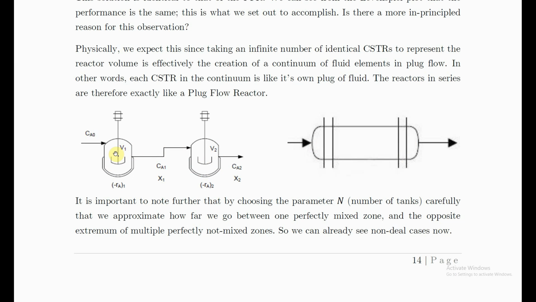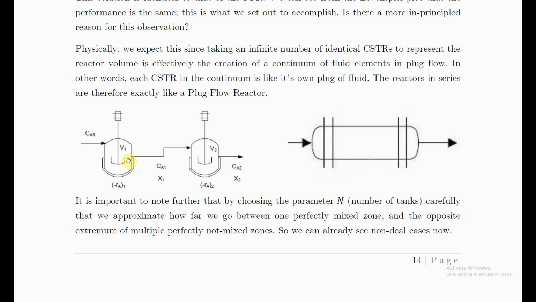As we increase the number of CSTRs, you are cutting down the total volume into smaller and smaller pieces. So you may have started out with a 150 cubic meter reactor, then you made it 2, 3, 4. You went up to 50, so now you've got 3 cubic meter reactors, and you keep going. You're going to the thousands, hundreds of thousands. So you've got now infinitesimally small reactors in series, and each one is perfectly mixed.